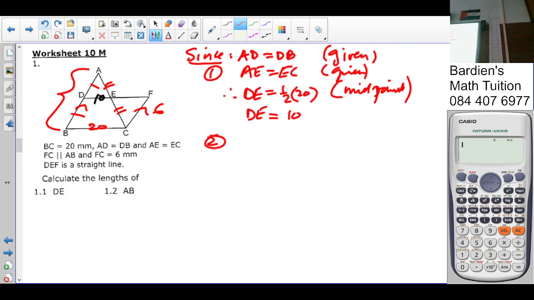It is going to be, if we are told that FC is 6, so BD is 6. Not so?